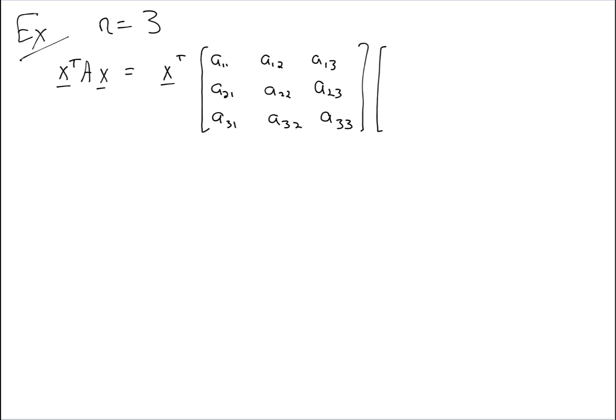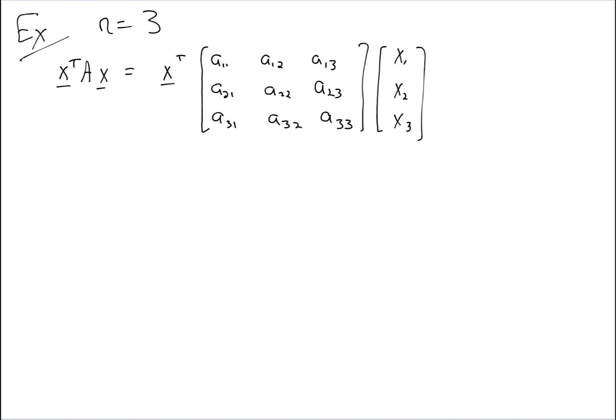And we'll write x as a vector in terms of its components, x1, x2, x3. We know by associativity of matrix multiplication that we could either do the matrix and the vector x first, or the product x transpose A first. We've set this up to do A times x first.